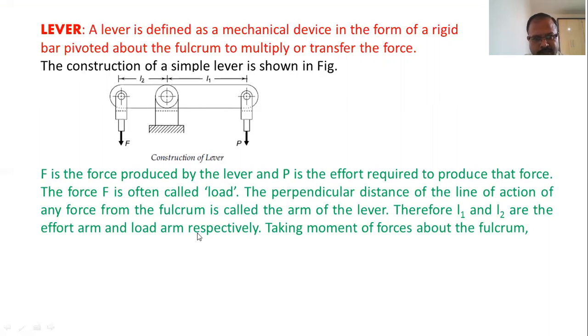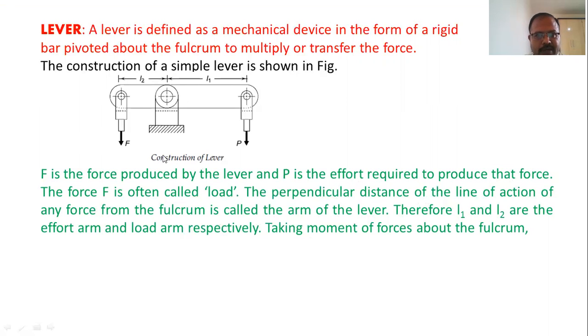F is the force produced by the lever and P is the effort required to produce that force. The force is often called the load, and the perpendicular distance of the line of action of any force from the fulcrum is called the arm of the lever. So this is the effort arm and this is the load arm.